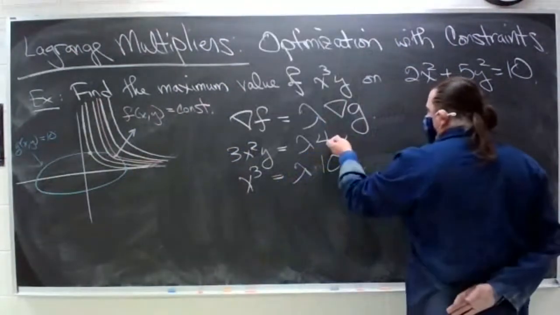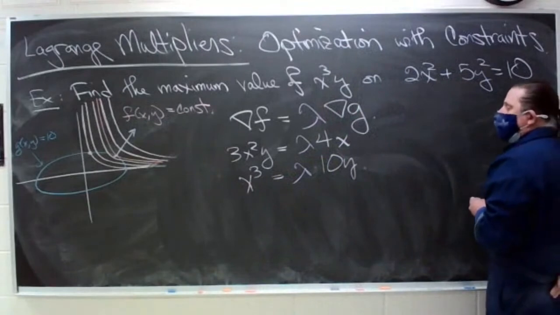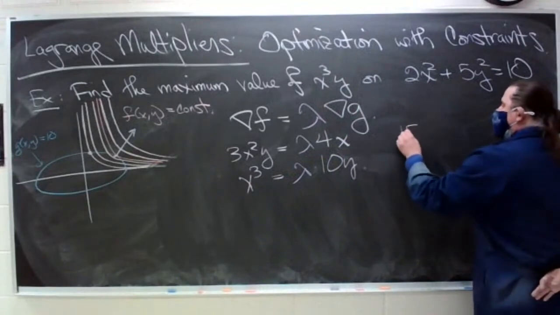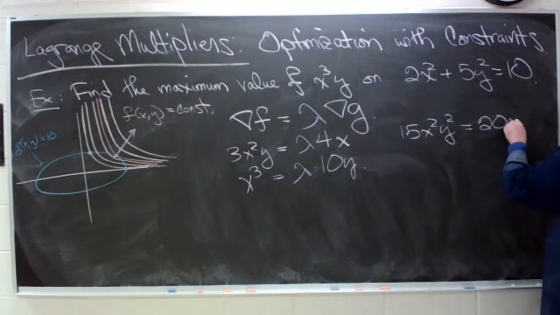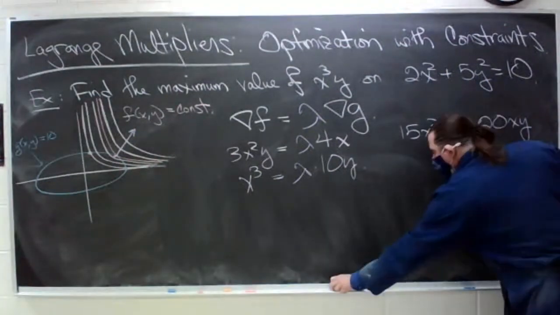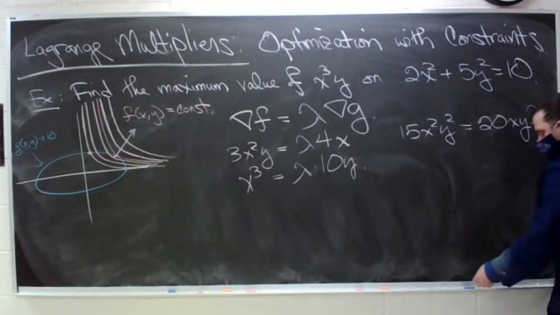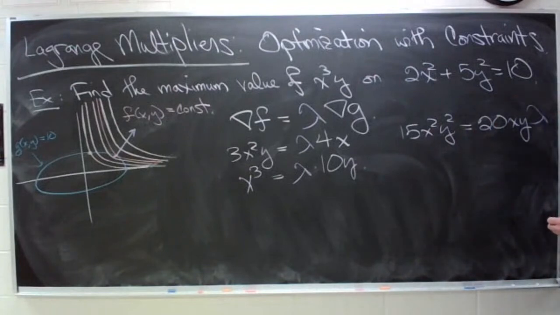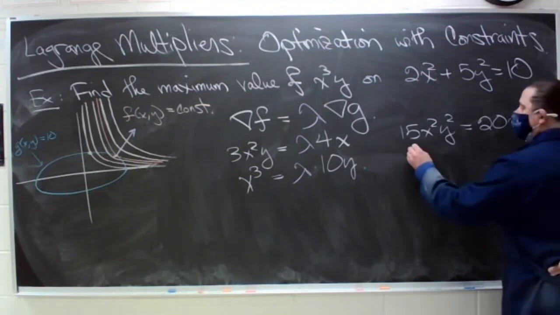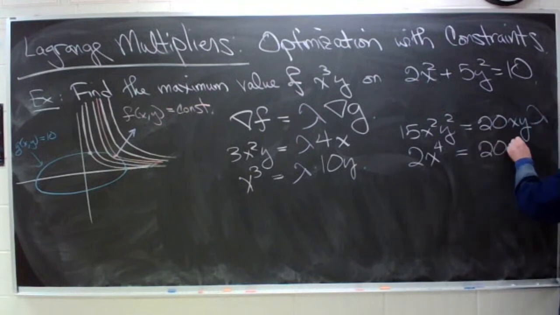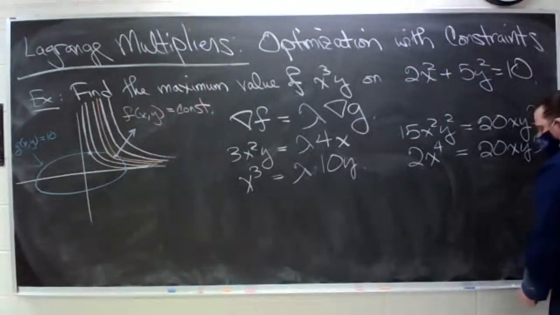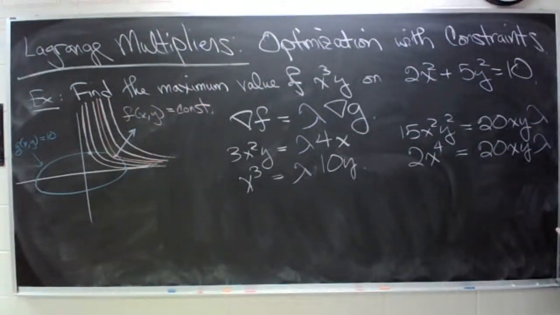So what I'm going to do is multiply the top equation by 5y. I'm going to multiply the bottom equation by 2x. And then I'm going to subtract.